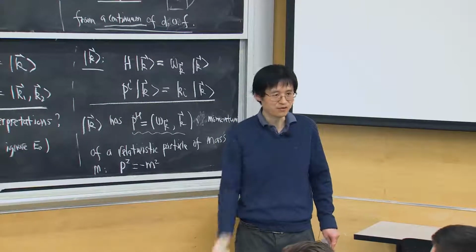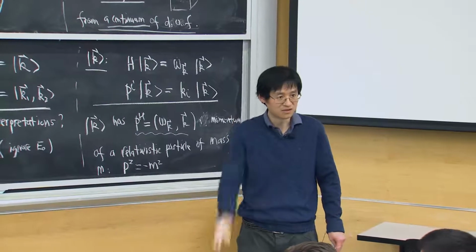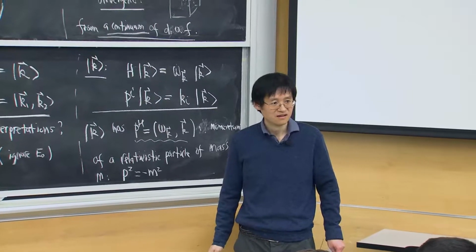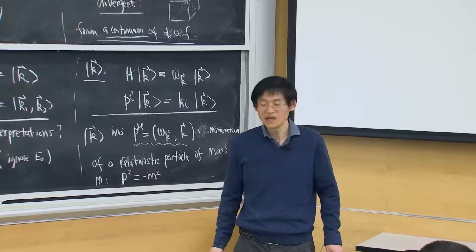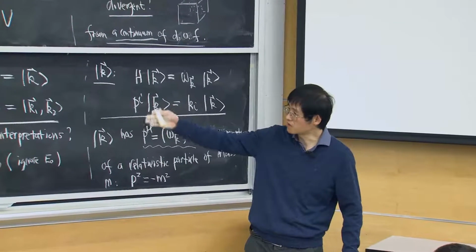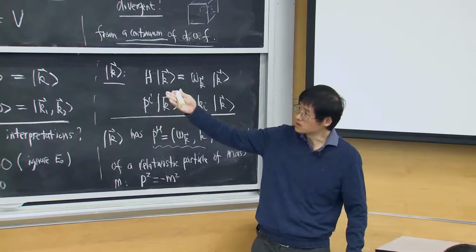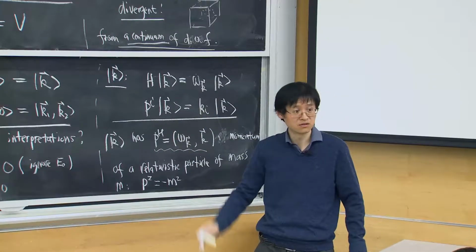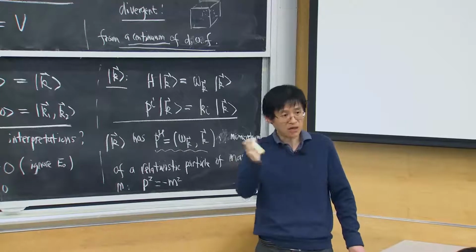It does not change anymore. Momentum for that particle is conserved. If you wanted to create a theory where you can change the momentum, is there a way? Yeah, there's a way. After dealing with this free theory, we will consider the next simplest theory, and that will introduce interactions. And when you have interactions, then the particle momentum can change.